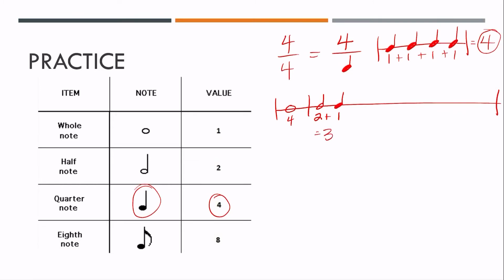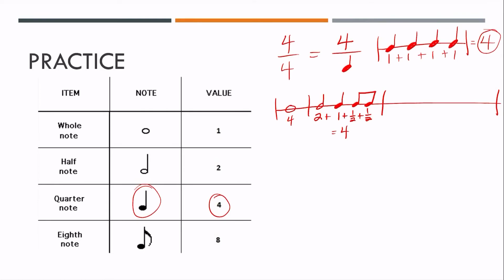Is 3 enough? No, so we need to add something else in there. What if I add 2 eighth notes? How much is an eighth note worth? Remember, this eighth note is worth half, and this eighth note is worth half. 2 plus 1 is 3, plus a half is 3.5, plus another half is 4. Does that work? Yes, now it does.